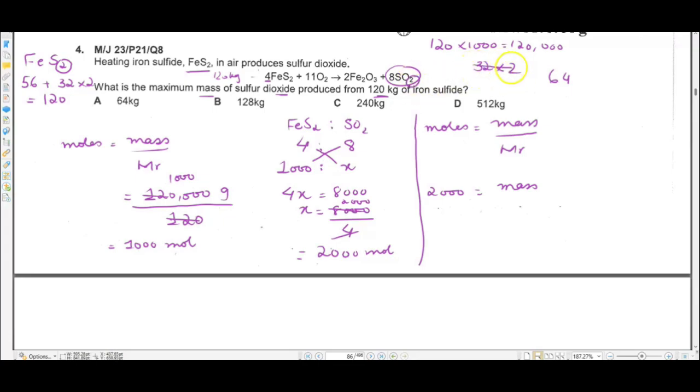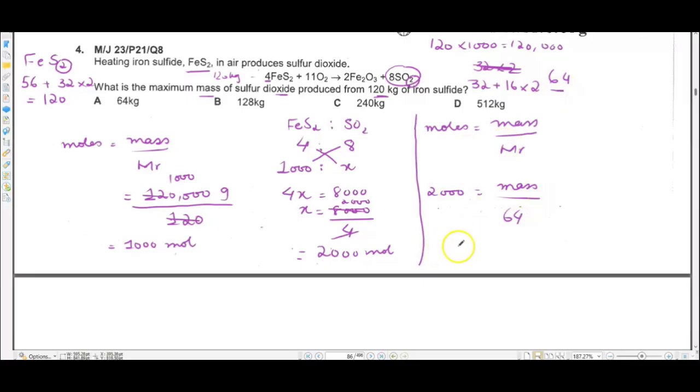Oh, sorry. Sulfur is 32 plus 16 into 2. So this is going to give us MR for SO2. 32 plus 32 is 64. So let's write it over here.